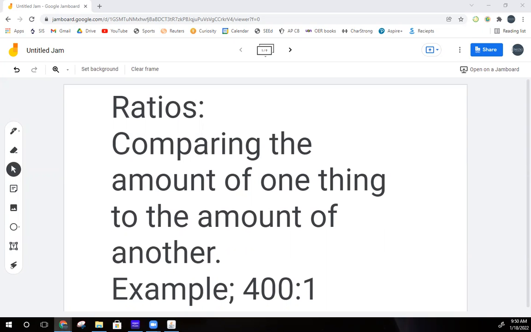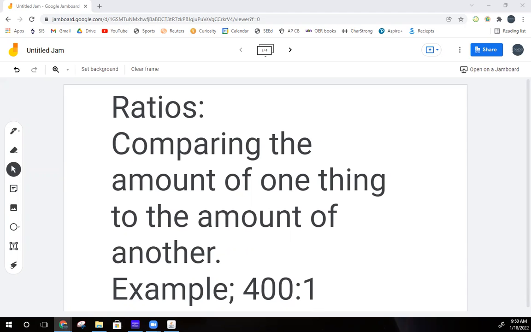When we talk about these ratios, you're looking at the amount of one thing, so 400, to the amount of another thing, to 1.